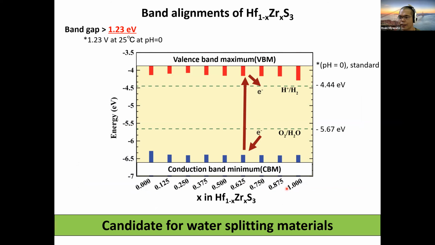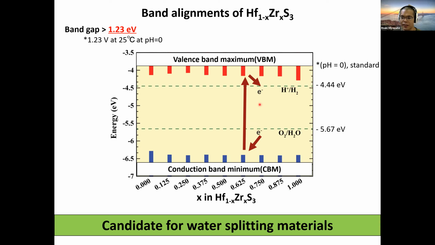The next discussion is whether doped HfS3 is suitable as a water splitting material. To evaluate this, the valence band maximum and the conduction band minimum are evaluated to consider the potential for water splitting. Here is the band alignment of the zirconium-doped HfS3.